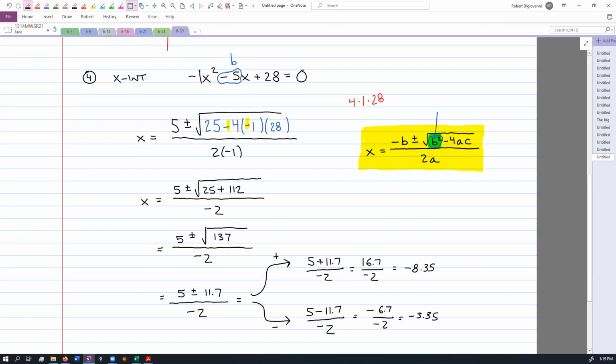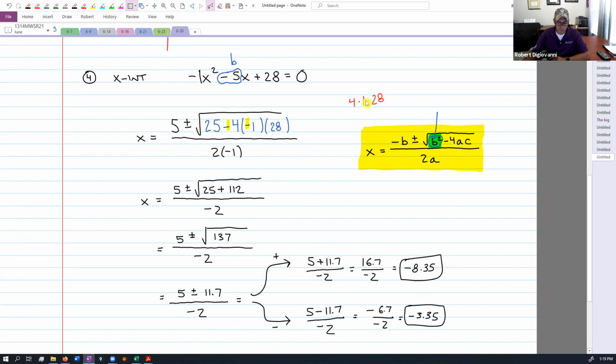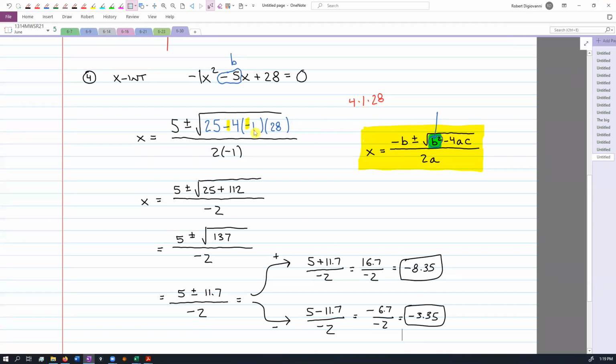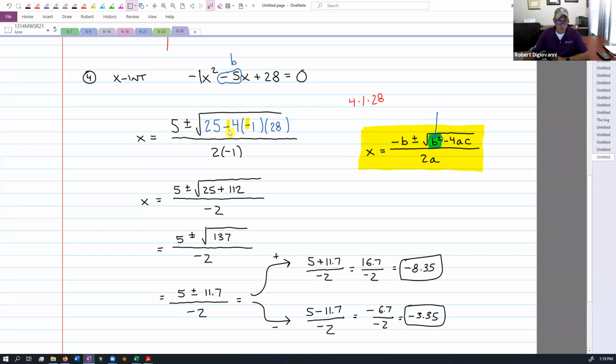Yes, sir. Okay. So I got one question. You know what we multiplied, the 4 times 1 times 28? Yes. And you said because we have 2 minus signs, we would multiply everything after that first number. No. When you see 2 minus signs, that just tells you that when you get this number right here, you're going to wind up adding it.